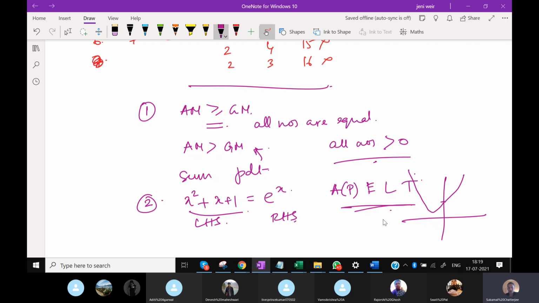E to the power x is a function which is going to go through this point. At x equal to 0, e to the power x is equal to 1. So that means this equation will have 2 points of intersection or 2 roots. Clear?